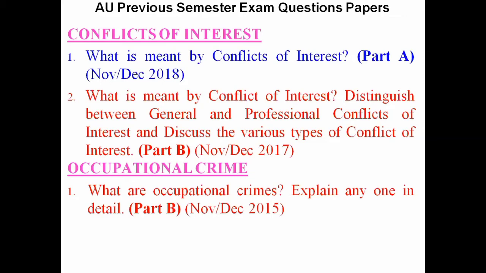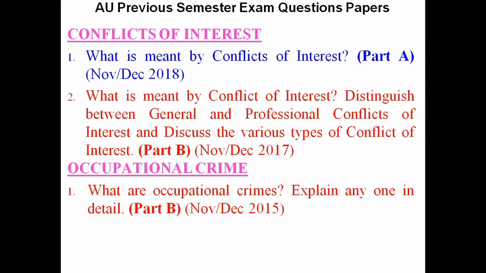Distinguish between general and professional conflicts of interest and discuss the various types of conflict of interest. So it's all direct questions. You can find the answer for these questions in the book. Please go through it.